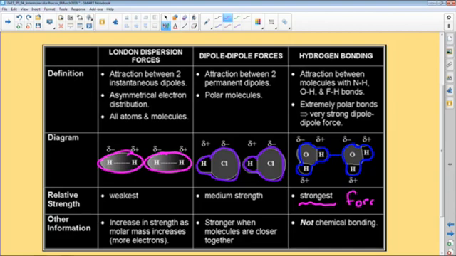Remember that even though it has the word bonding in it, it is not a true bond. It is just a really strong force of attraction. Our London dispersion forces are our weakest, and all of our dipole forces, our dipoles or induced dipoles, sit in the middle between the two of them.